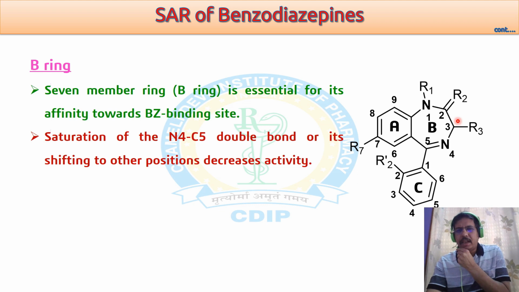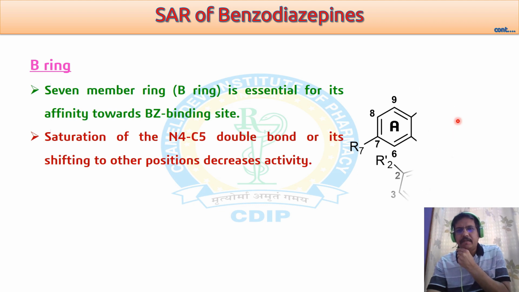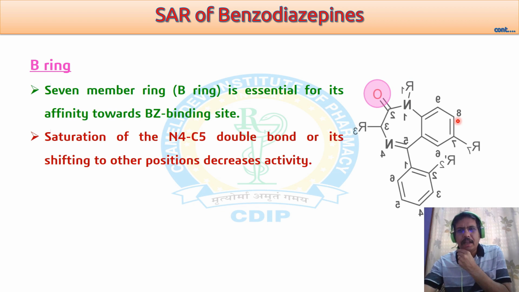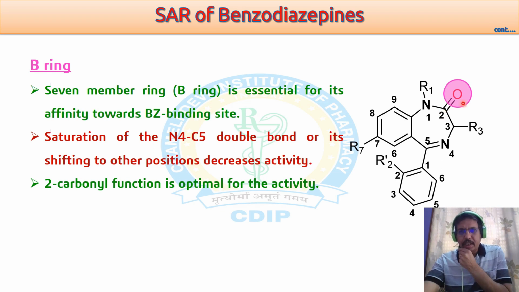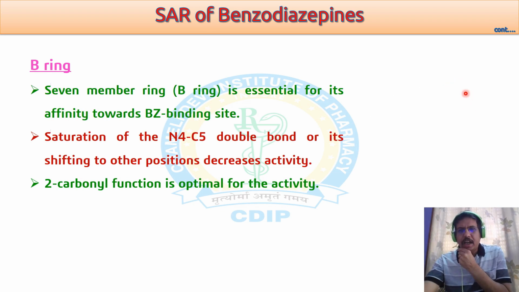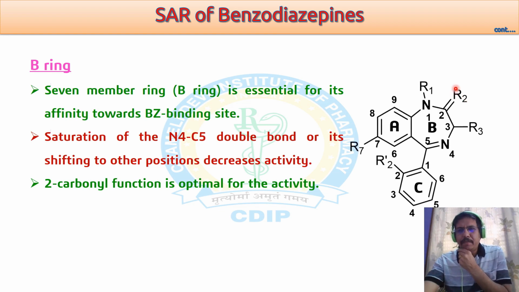Then another case where we look for the changes at the C2 position. Actually, the oxygen gives the optimum activity, but this oxo group can also be changed with a thio group.